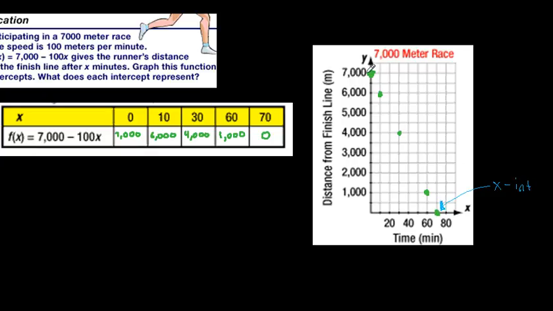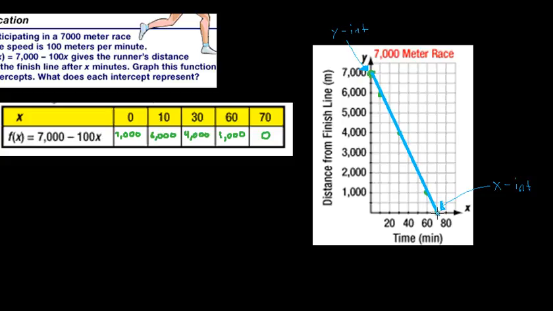And over here, the y-intercept is at 7,000. Now let's draw this graph by connecting the dots.